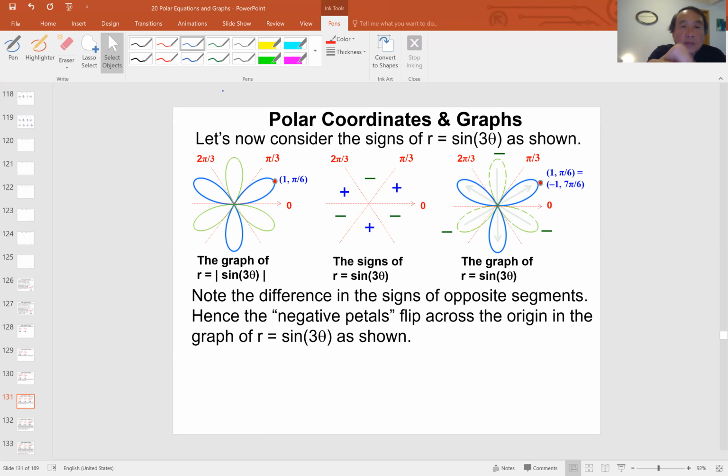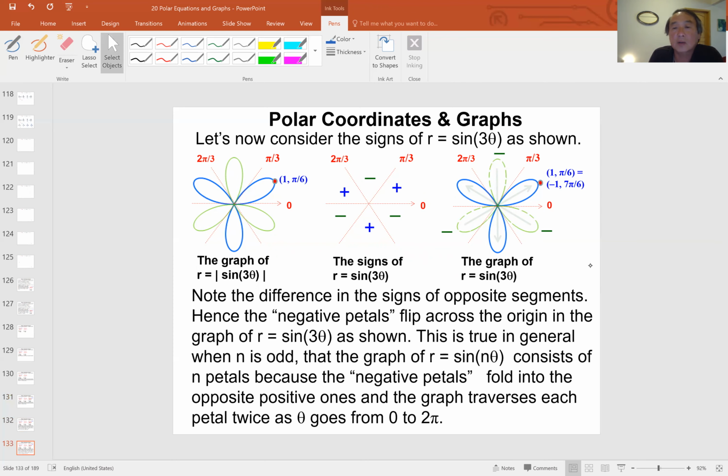Therefore, some of the petals are flipped across. It's folding into only 3 petals. In other words, you traverse 3 petals twice, and that's what the 6 petals are. So if I want the 6 petals, I will put absolute value on it. Then I will get all 6 petals. Okay, so that's what the number of petals in roses is about.